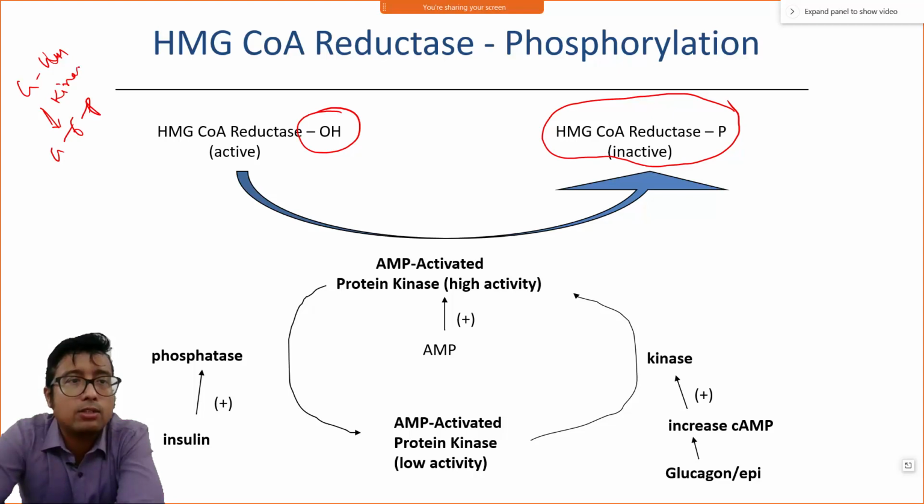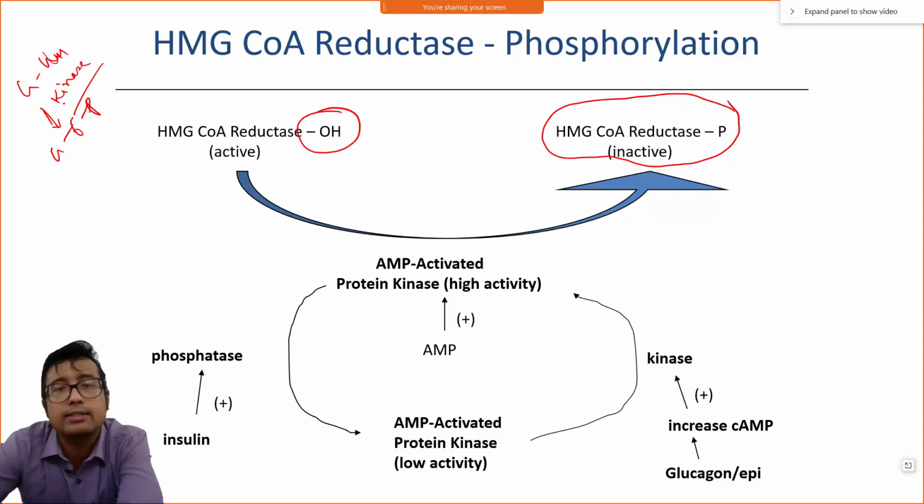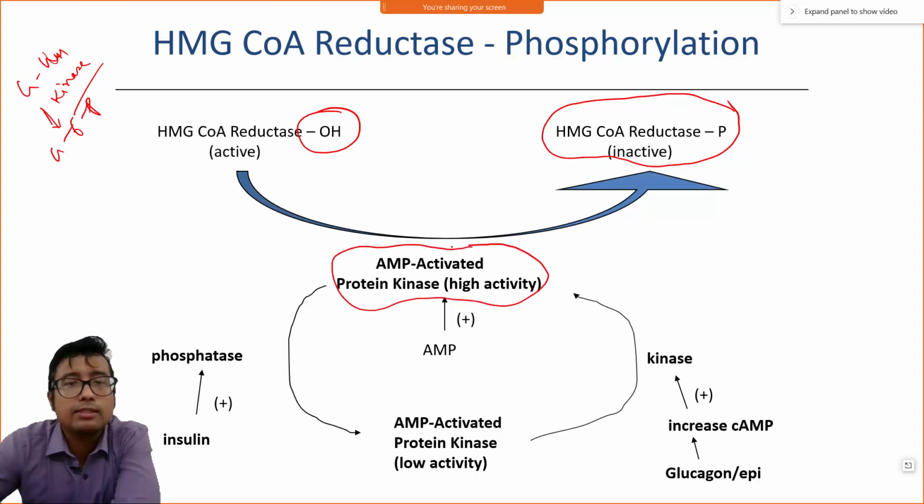So the kinase group of enzymes, which are transferases, catalyzes all phosphorylation reactions. So here also there will be one kinase. Which kinase? This one, AMP activated protein kinase. This is the enzyme that phosphorylates HMG CoA reductase and converts the active form to the inactive form.